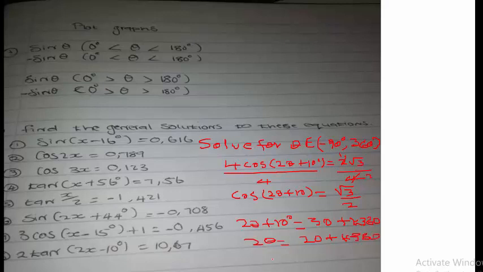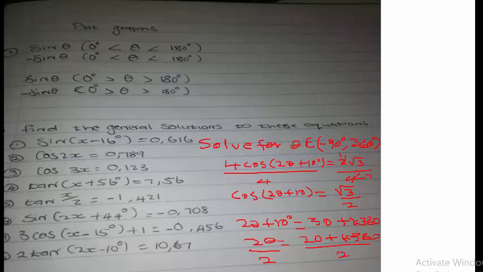Once I've done this, I want to isolate the theta. What do I do? I have to divide by 2, clearly. So I make a line like this, divide by 2.